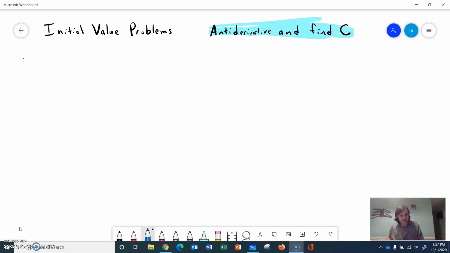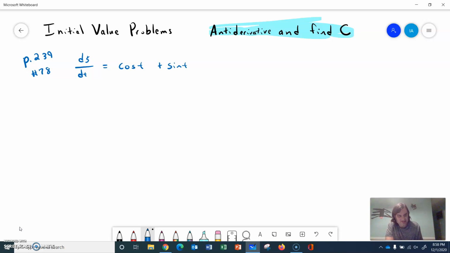This is on page 239, and it's number 78. The way the book gives it to us, it gives us ds dt, and that's going to be equal to the cosine of t plus the sine of t.